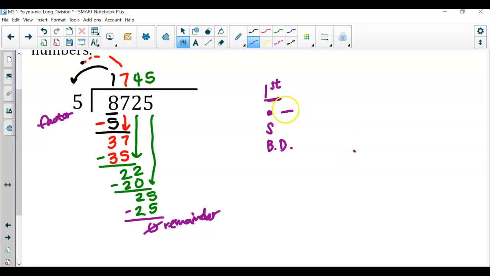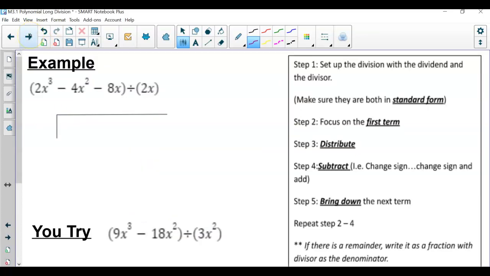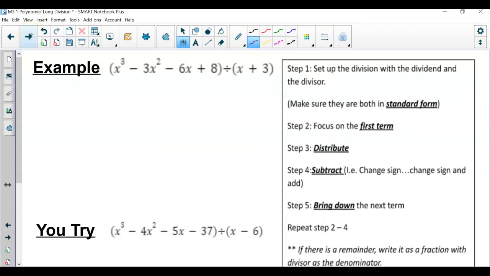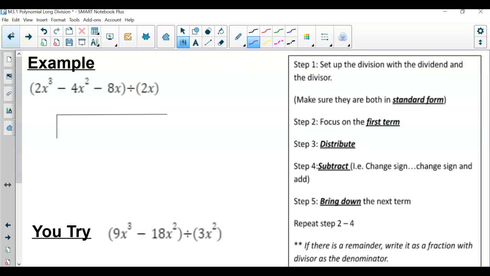Just in this case, the multiplying is going to be a little different because now instead of just one term like 5, we're going to divide here. I'll show you. We'll get to where we have examples where we're now dividing, but we have two terms like x plus 3. But let's first just focus on one term like a monomial.